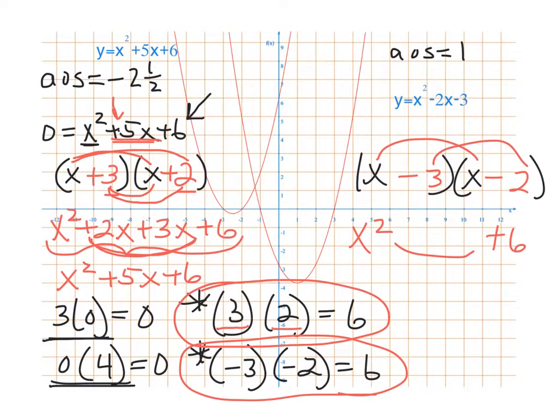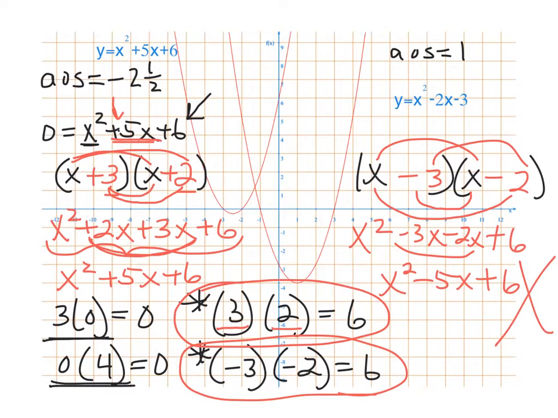So when we distribute this -3 to the x, we get a -3x. When we distribute this -2 to the x, we get a -2x. When we combine those two terms, we get a -5x. And so this all ends up being x squared minus 5x plus 6, which is not what we want.